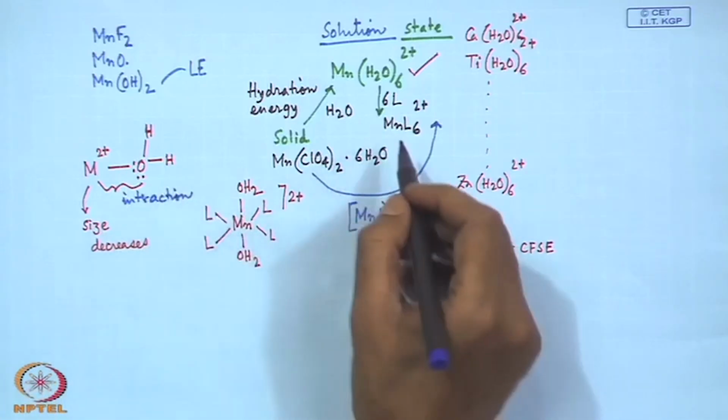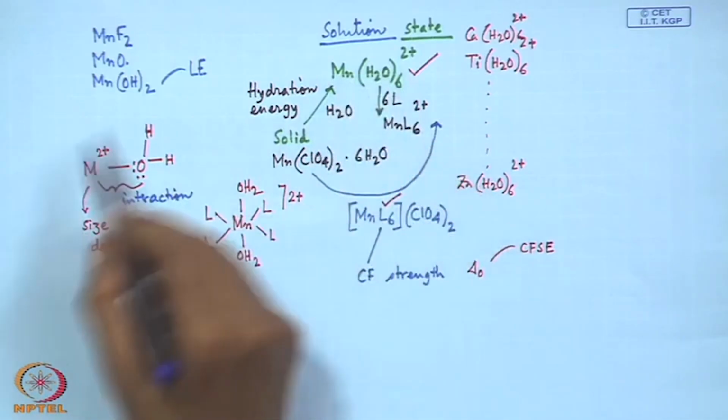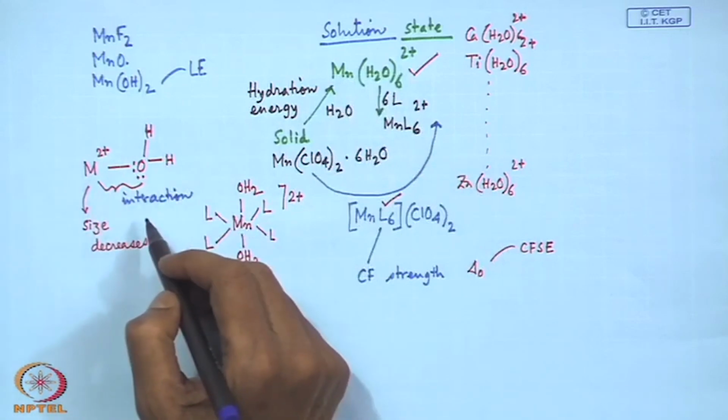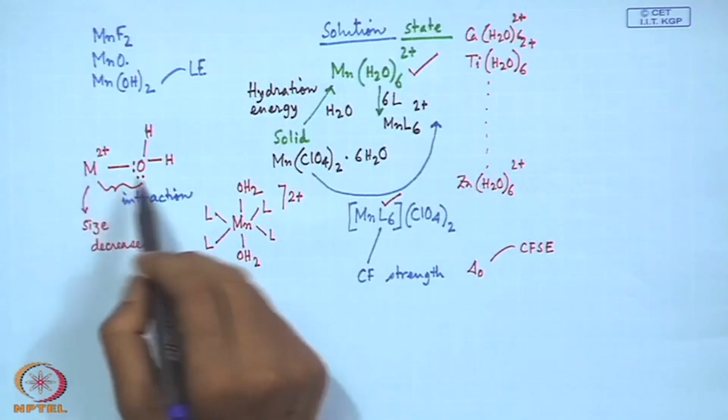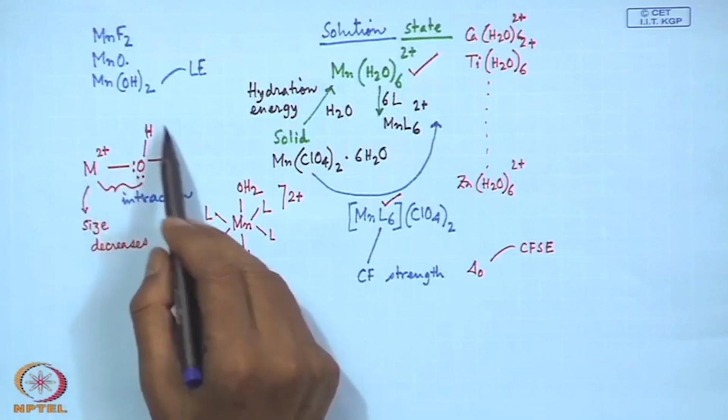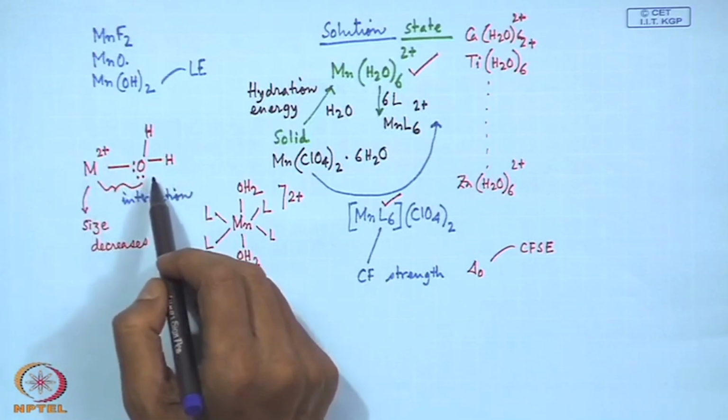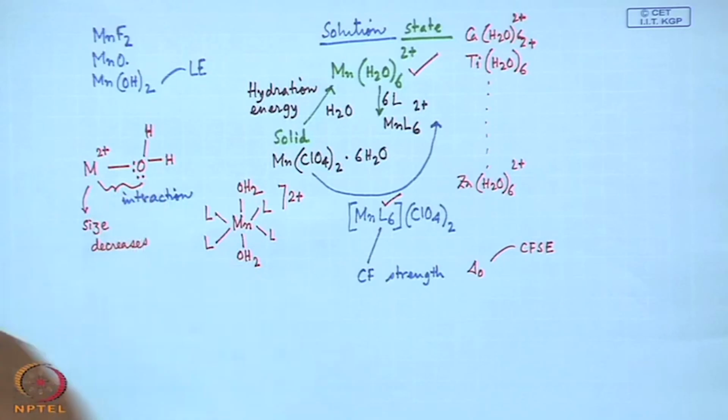And if altogether 6 such bonds are forming, it can be multiplied by 6 when the metal center is interacting at the same time with 6 water molecules for their contribution towards the hydration energy.